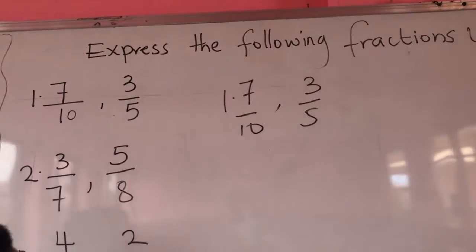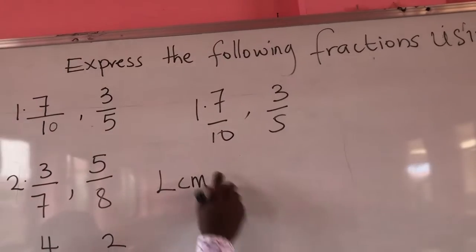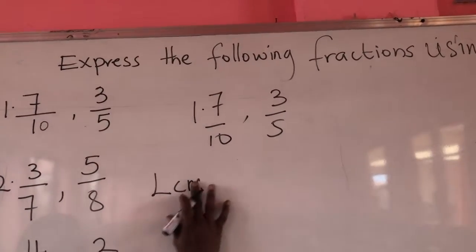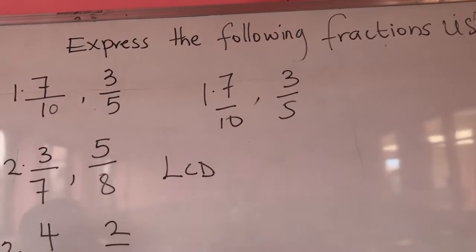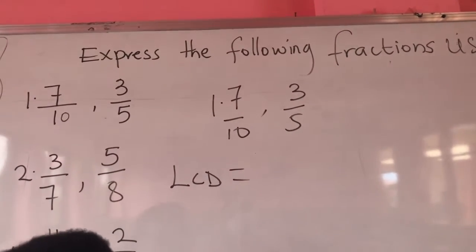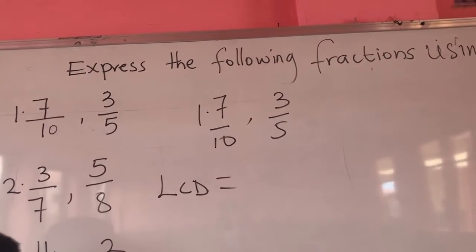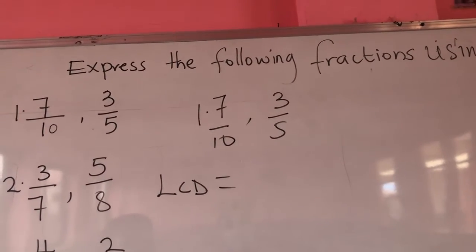Here I am going to find my LCM or the LCD, which is least common denominator. Now we know that 5 can go into itself once and can go into 10 how many times? 2 times.